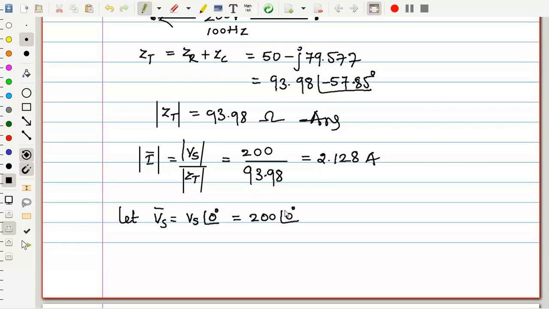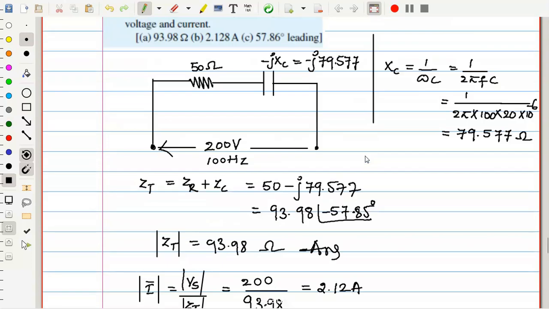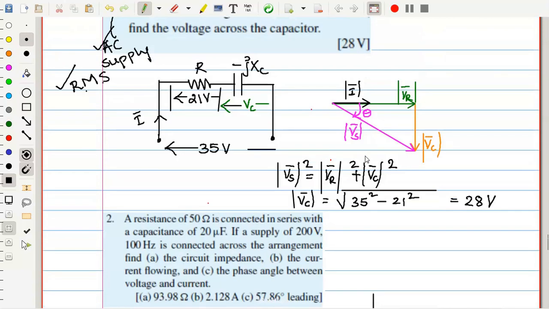In this way you can assume, or you can assume current as the reference and calculate the voltage angle, either way. Previously we did this phasor diagram. This is an RC circuit. See, in an RC circuit what kind of phasor diagram did we get? Just now we drew it, so this kind of phasor diagram we get.